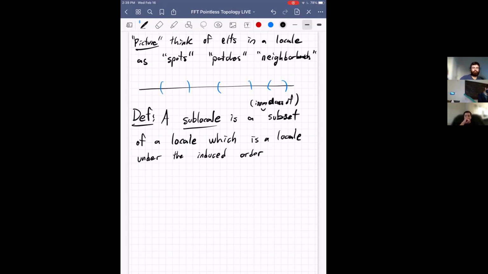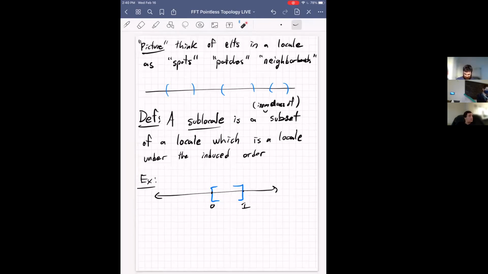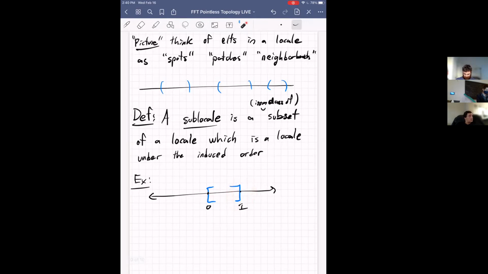And so again, our example is the real line. And then I want to take a subspace of that real line, which is an interval, say the interval from 0 to 1. And so how do I think about the subspace of a topological space? There's something called the subspace topology, where the open sets are sets which are intersections of open sets in the big space with the little one. So like this set would be open in the subspace topology.